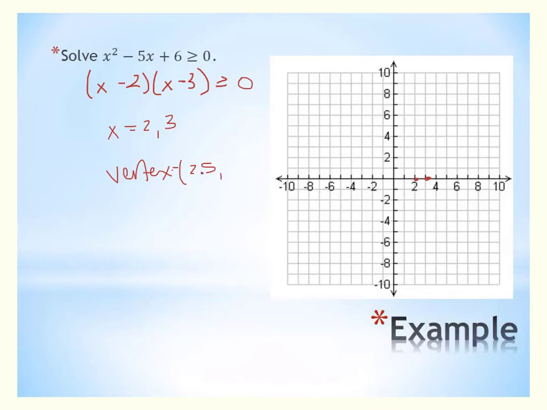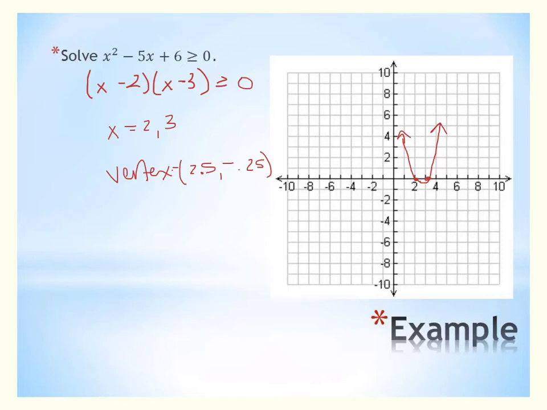And if I plug in 2.5, I'm going to get negative 0.25, so negative 1/4. So here's my parabola. And what you really need to know from this is the intercepts. Even if you're graphing using axis of symmetry, you have to know your intercepts.